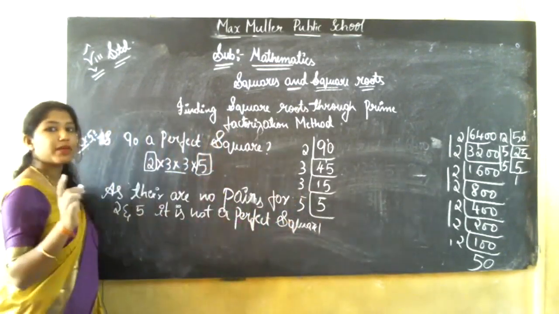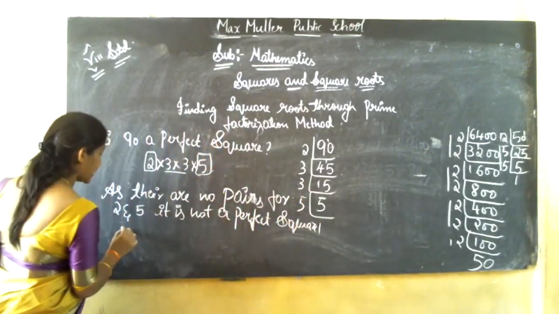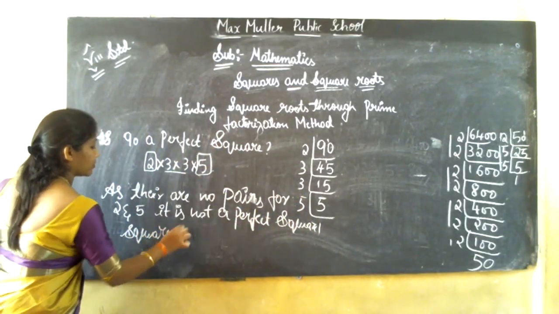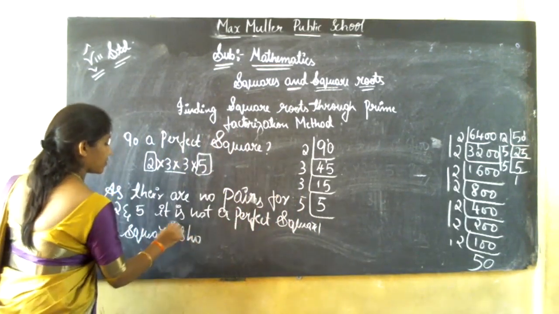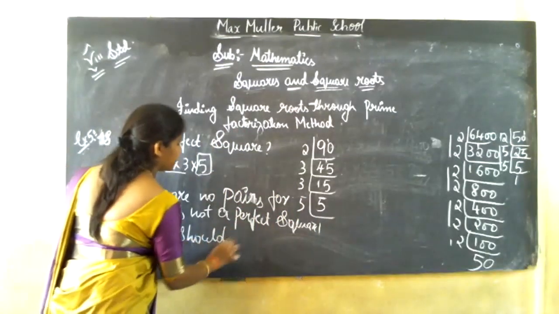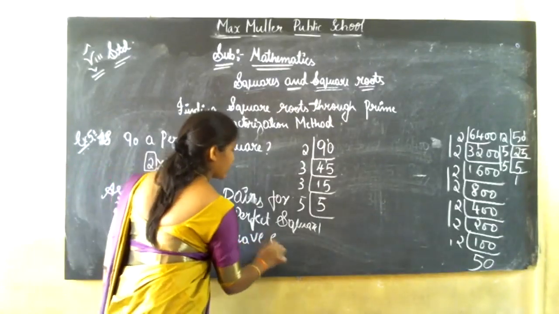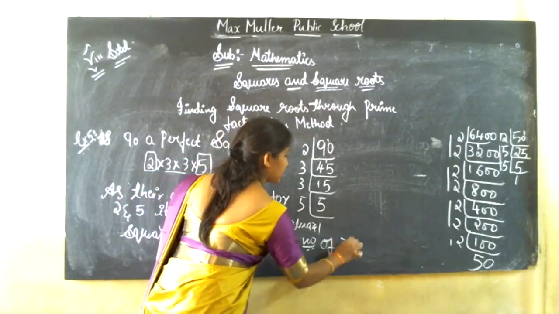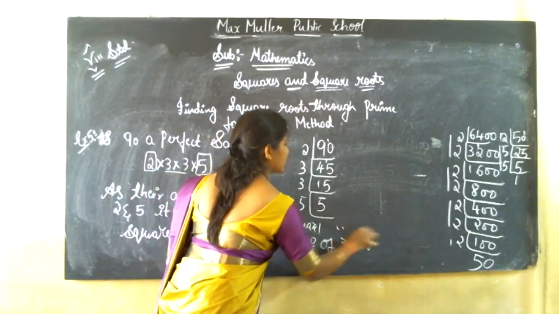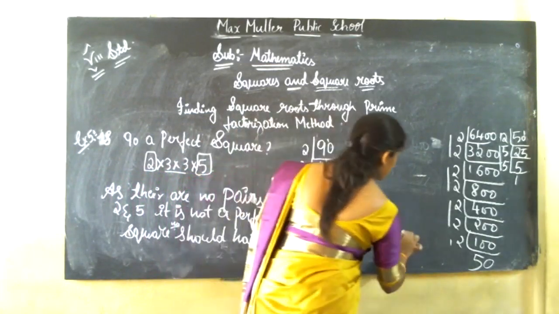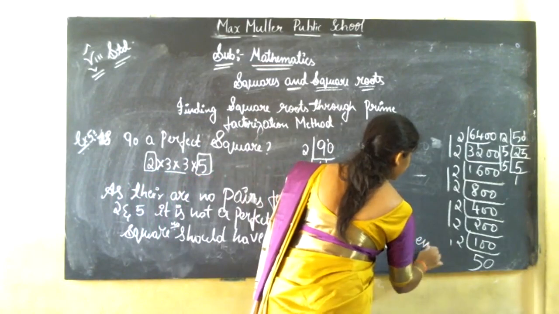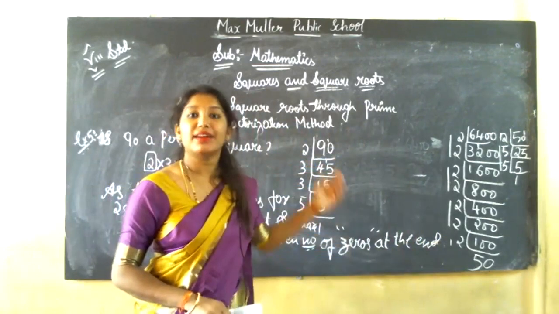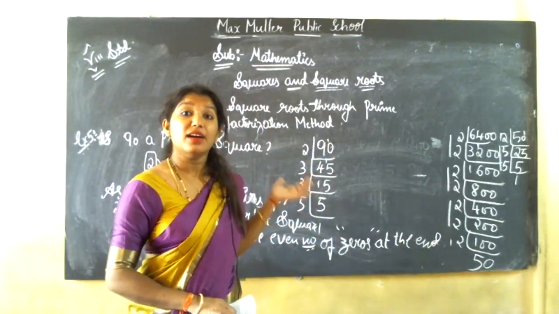And I have told you in the properties that a square number should have an even number of zeros at the end. Understood. Suppose the number is 900, then it would have been a square number.